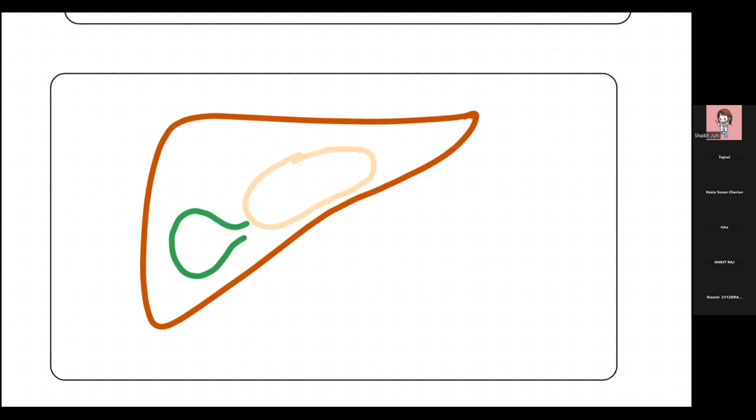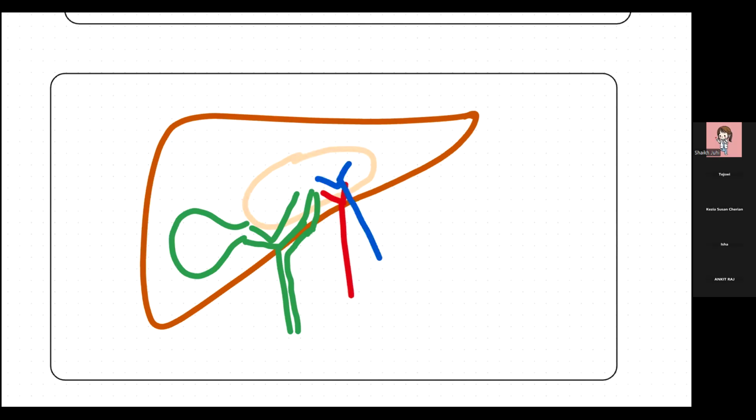From here we can say that a bile duct passes in, and similarly we have the hepatic artery passing the blood, and what else? A portal vein over here. Okay, so these three are the supplies which we know are there.